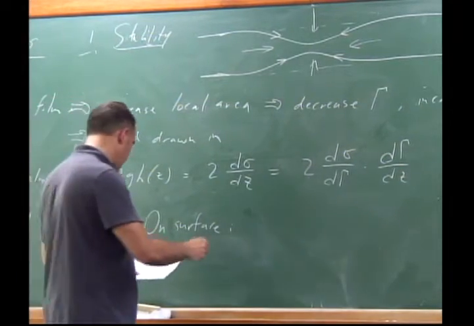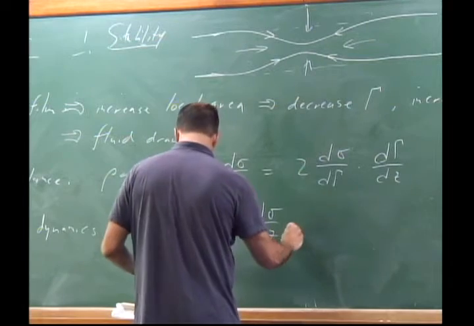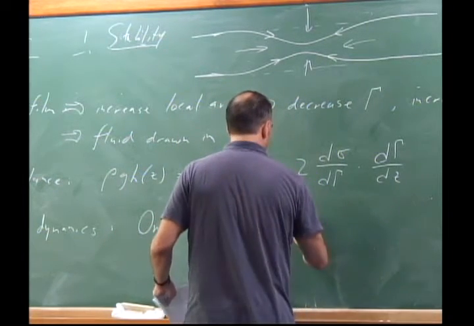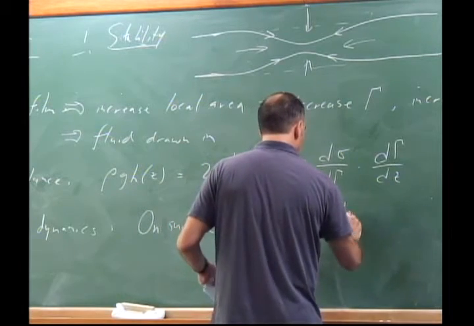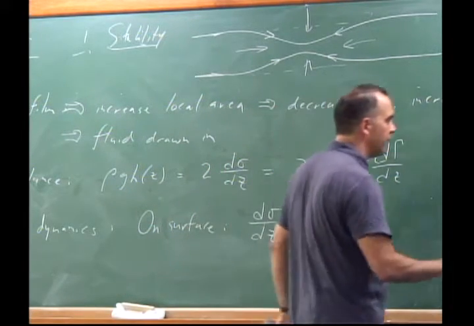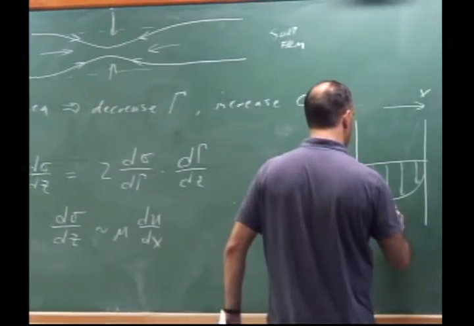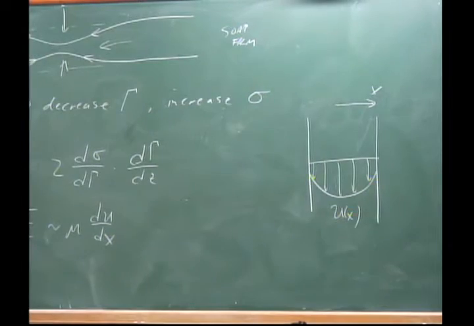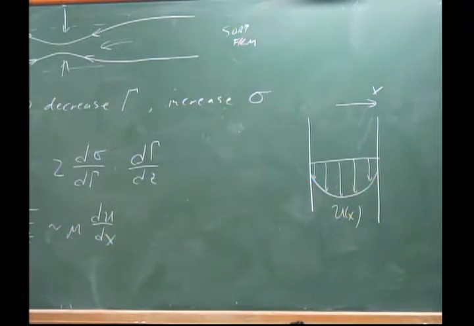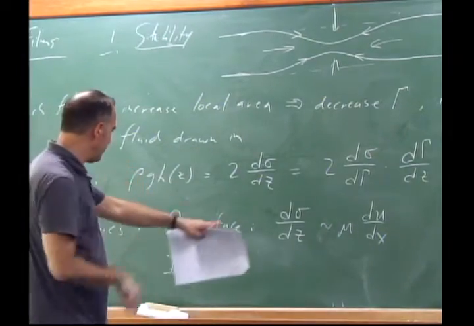We know that comes from the most general tangential stress boundary condition. So mu du/dx, we call this x, equals d sigma/dx. So that's the surface stress boundary condition.